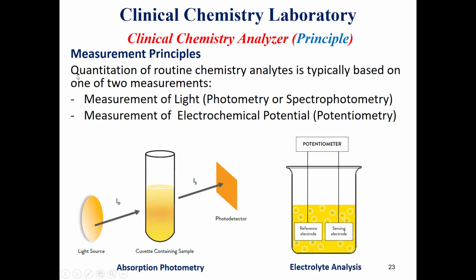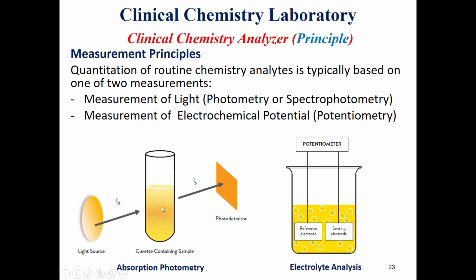Now, as we said, the measurement principle for the clinical chemistry analyzer will be either photometry, which is the measurement of light absorption, or potentiometry, which is based on the electrochemical potential. As we have seen before, most of the analytes cannot be measured directly.